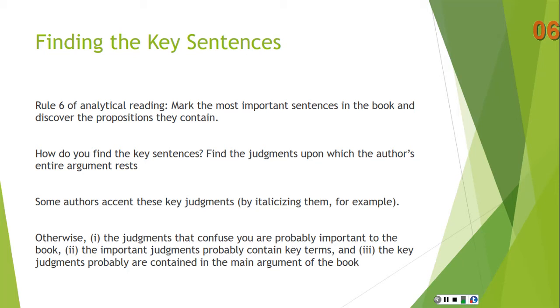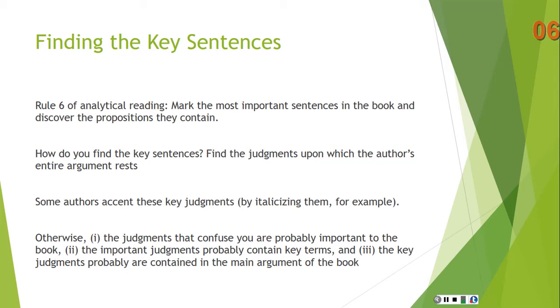And that will be an indicator of the importance of the judgment for the overall book. That's just a rule of thumb, so it's not fail-safe. Sometimes a judgment that the author makes will confuse you, but it's not a key judgment.